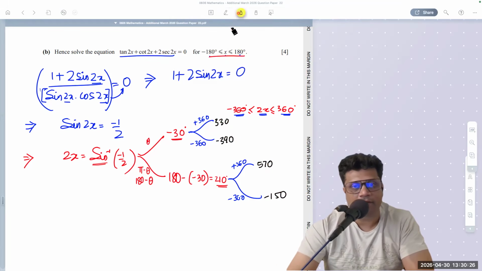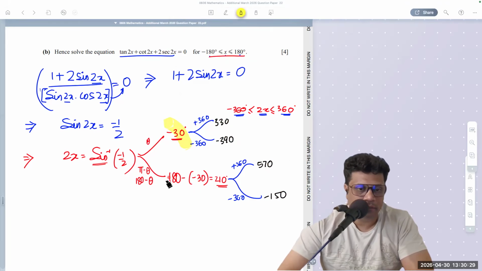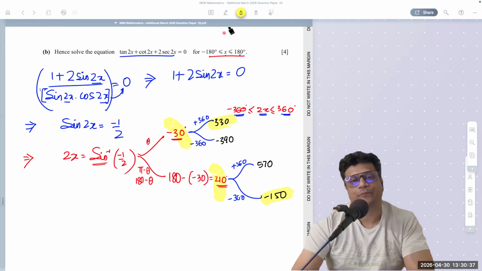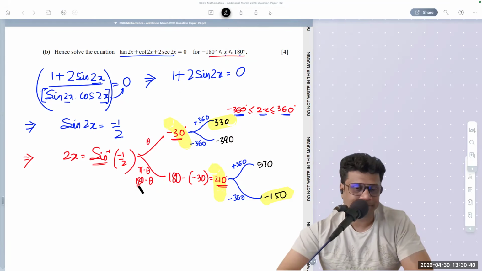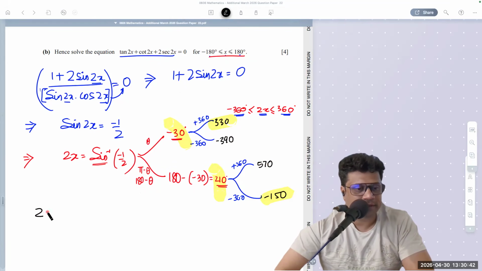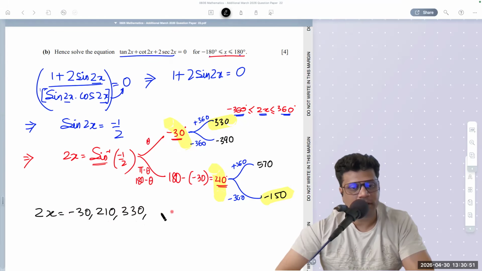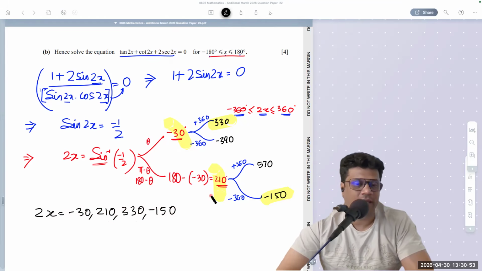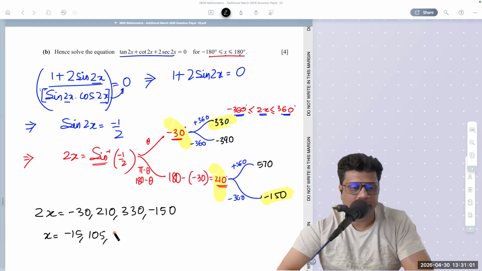Now I have 1, 2, 3, 4 answers which are in the domain. So 2x is going to be negative 30, 210, 330, and negative 150. These are my answers. X is going to be half of all of these, negative 15, 105, 165, and negative 75.